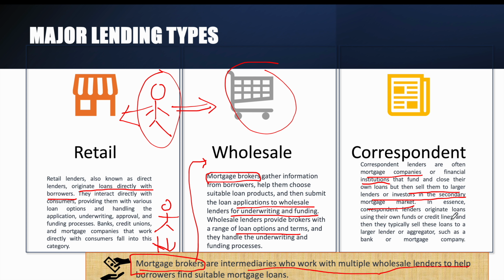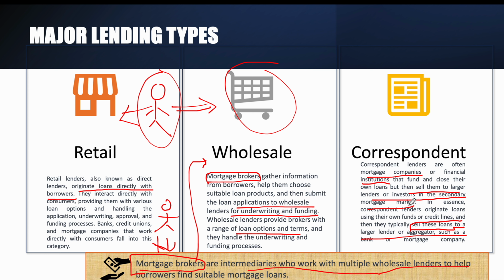In essence, correspondent lenders originate loans using their own funds or credit lines, and then they typically sell the loan to a larger lender or aggregator such as a bank or mortgage company. So the correspondent is interacting with the borrower, and then selling the loan. They are not holding the loan with themselves.